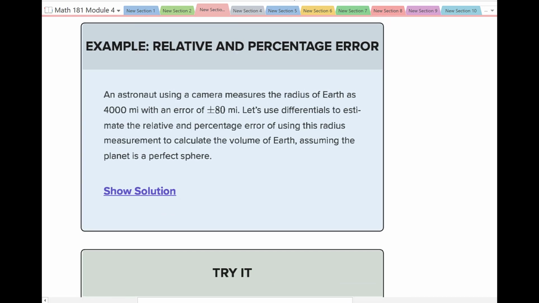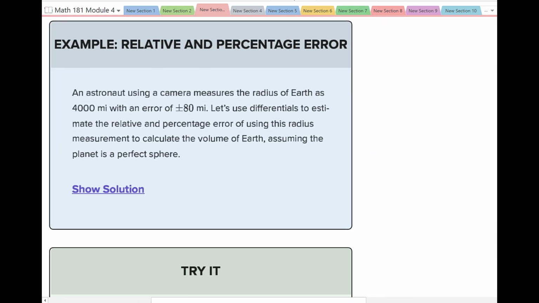An astronaut using a camera measures the radius of the Earth as 4,000 miles with an error of plus or minus 80 miles. Let's use differentials to estimate the relative and percent error of using the radius measurement to calculate the volume of the Earth, assuming the planet is a perfect sphere, which it's not.